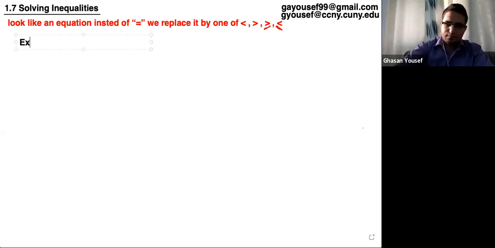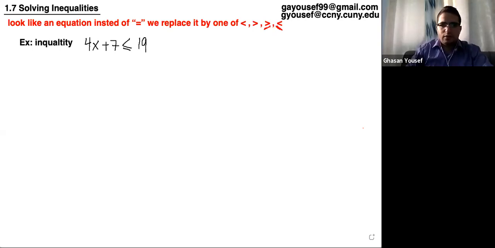For example, 4x plus 7 less than or equal to 19.